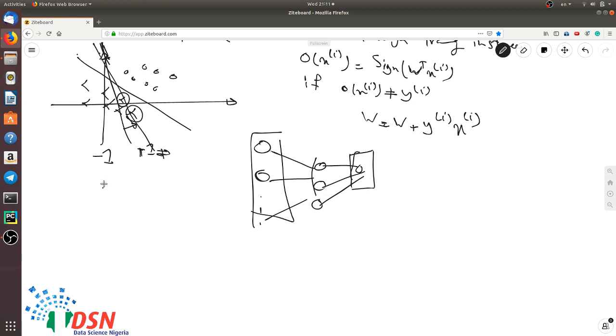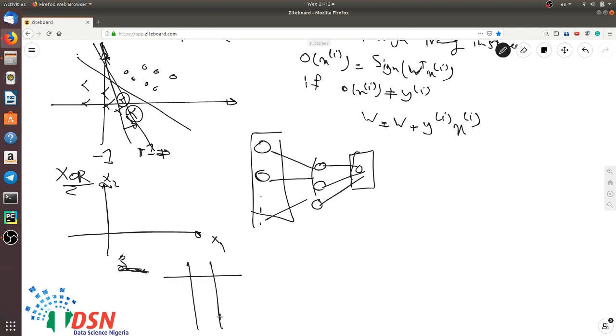So for example, if the data are not linearly separable, let's say we have the famous XOR problem. In the XOR problem, we have the data like this. Let's say this is x1, x2, let me write down the data in here.